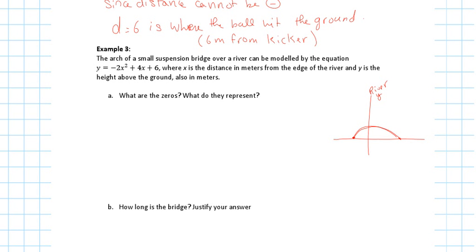So if I'm going to build something here, and this is the edge of the river, and I want a bridge on top of it, I'll do this. Can you see that? This is my river, this is the edge of the river.